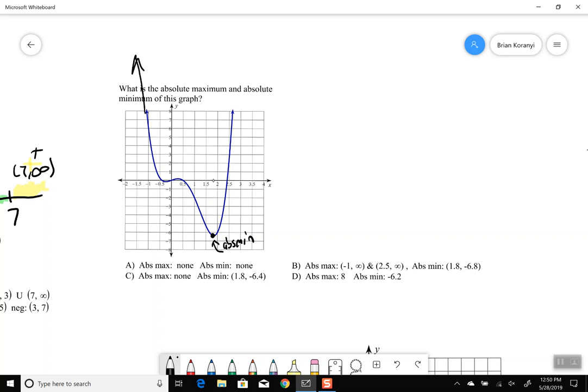So maybe, who knows what, but let's say if we judge it right there, it looks like somewhere between 1.5 and 2, and somewhere in between -6 and 7. So an absolute minimum, let's see, 1.8 and -6.4, that could be good. No absolute max, so it looks like it has to be this one. And again, the absolute minimum is a point, 1.8 for the x, -6.4, let's say, for the y.